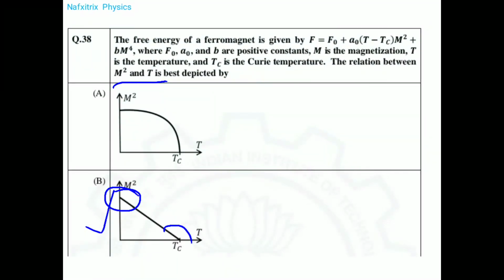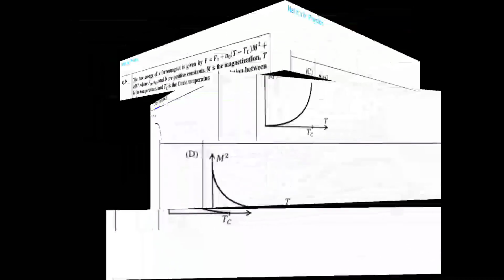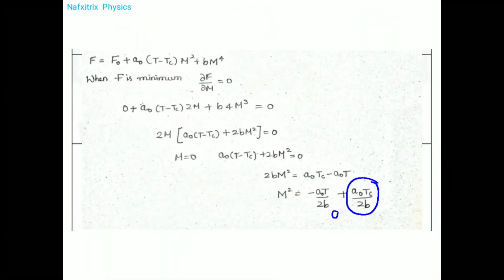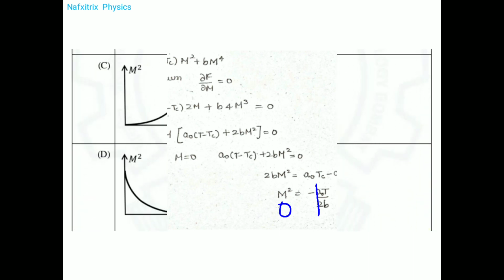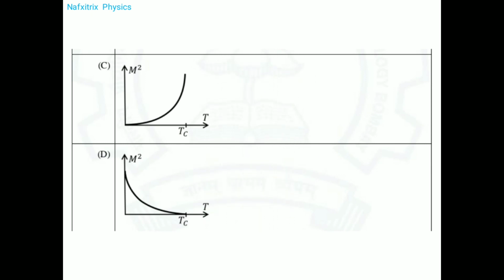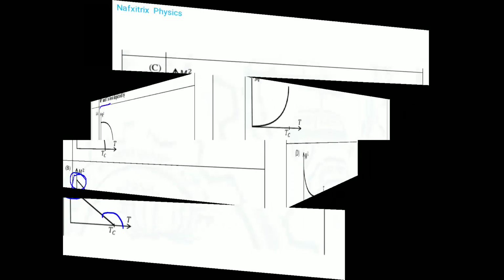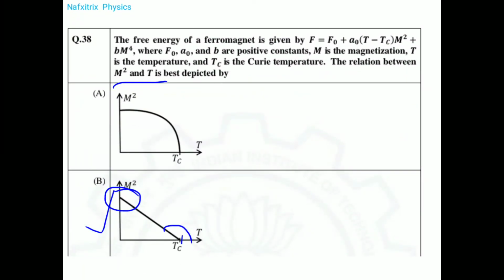Next, in the place of m, if we substitute 0, both terms would get cancelled, and t is equal to tc. So when m square is equal to 0, t is equal to tc.